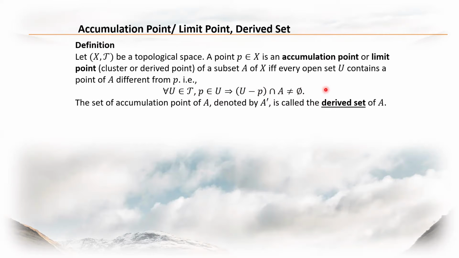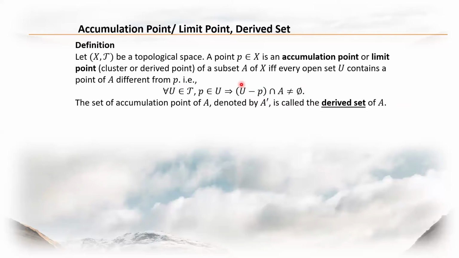In other words, a point P, element of X, is not an accumulation point if you can find at least one open set belonging to the topology that does not satisfy this.